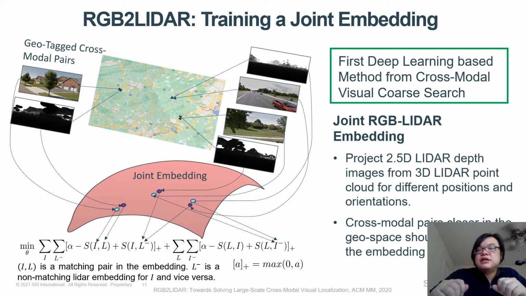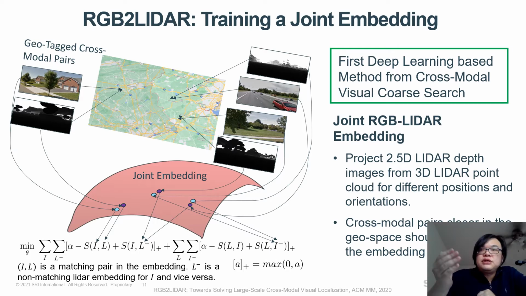The idea is that a LiDAR depth image and a ground image belonging to the same geodetic position should also be close in distance in the joint embedding space. We use the state-of-the-art triplet pairwise ranking loss function to train these joint embedding models. This ranking loss is widely used in training joint embeddings, and is a current state-of-the-art technique in many cross-modal retrieval tasks.